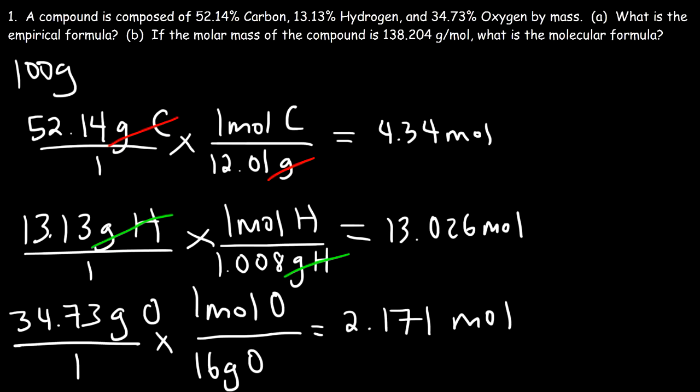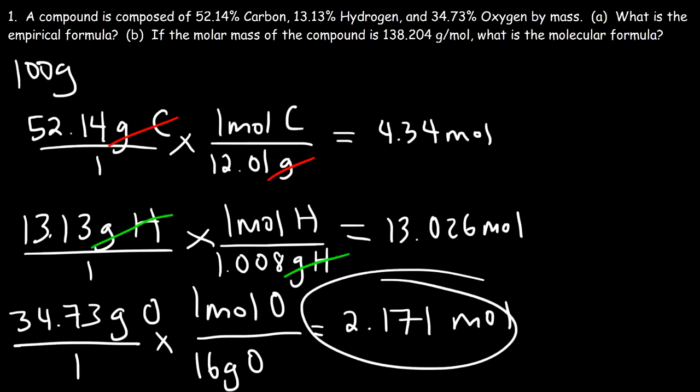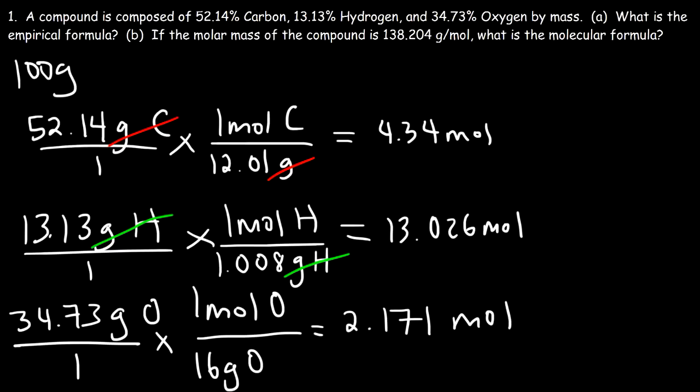Now, what you need to do next is identify which number is the smallest. Clearly, it's the moles of oxygen. So what you need to do is divide every quantity that you have by the smallest of the three values, in this case, the moles of oxygen.